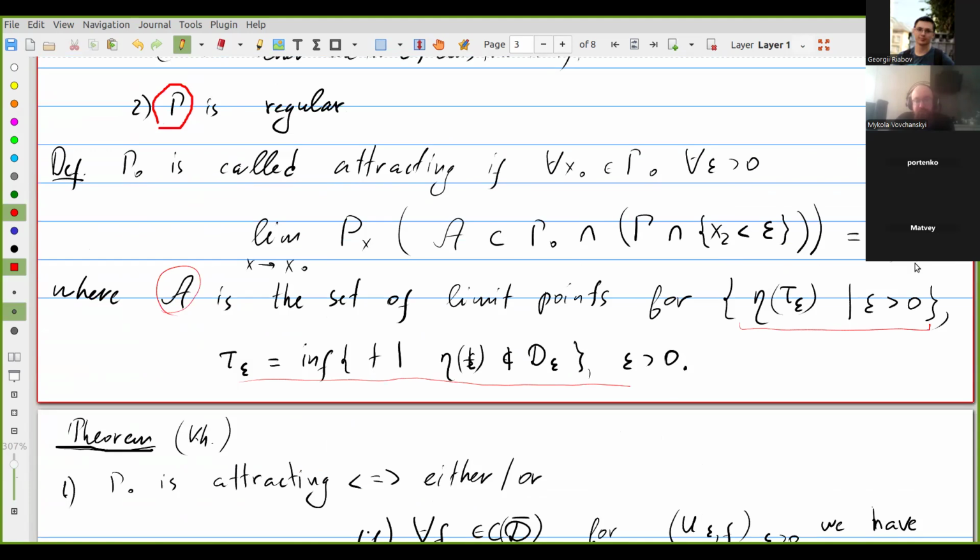If the limit points are almost surely concentrated on gamma 0 if we start quite close to gamma 0, that is, with probability one, this point is called attracting.